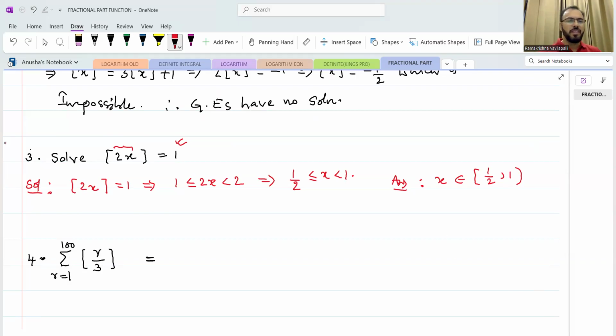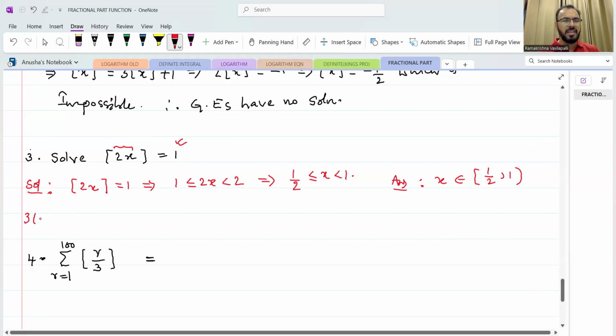Now, I can take one more example based on this fact. For example, integral part of 3x minus 1 equal to, you take some minus 2, like this. So how can I write this?